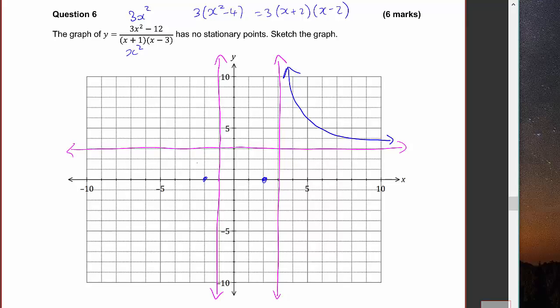So it's going to come up here, but prior to this bit, this one would be negative. So that's going to go down there because the top would be positive. This would be positive, but this one would be negative.